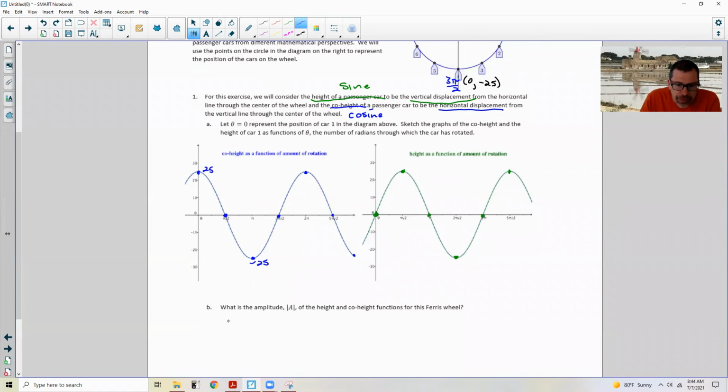So the amplitude, the absolute value of A, equals the absolute value of 25, which is 25. That is the amplitude of the co-height, but it is also the amplitude of the height, because this also has a maximum of 25 and a minimum of negative 25 with a midline at 0. So they both are the same. The amplitude is 25.